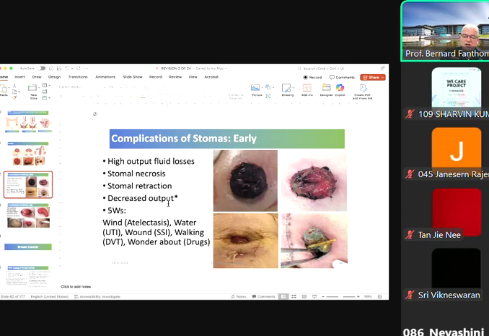The stoma can retract under the skin. It can stop producing enough if the obstruction recurs. And of course, the complications related to anesthesia: atelectasis, urinary tract infection, wound infection, DVT, and the drugs which the patient has been given can cause anaphylactic reaction or other complications.